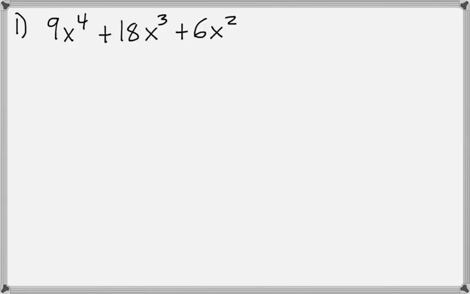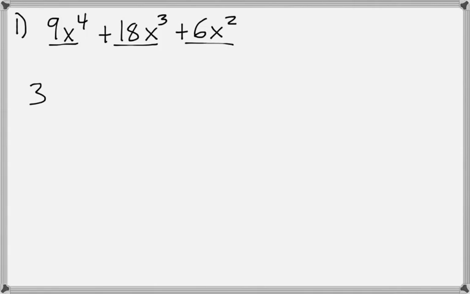Okay, so for number 1, factor out the greatest common factor, or what's called the GCF, from the polynomial. If I look at my 3 terms, let's look at the regular number, or the coefficient. We have 9, 18, and 6. The largest number that divides into all 3 of those is 3. Then if I look at the variable, or the x's, I have an x to the 4th, an x cubed, and an x squared.